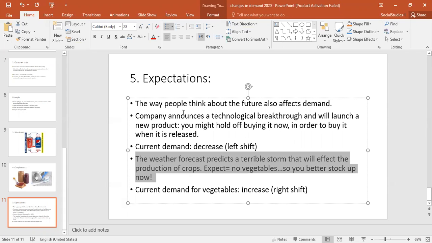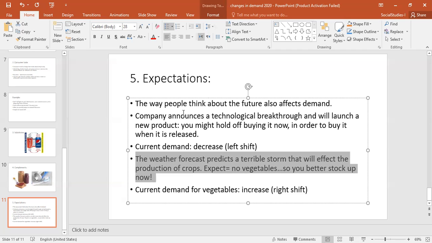Remember, when COVID happened, America had a shortage of toilet paper and water bottles, because people were expecting a huge lockdown and things not to be available, so they stocked up. This expectation of a longer lockdown made people's demand increase for a certain time period.